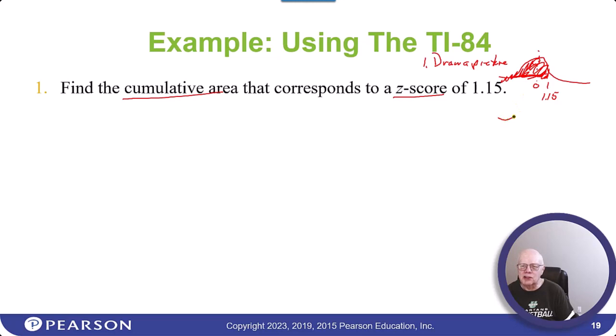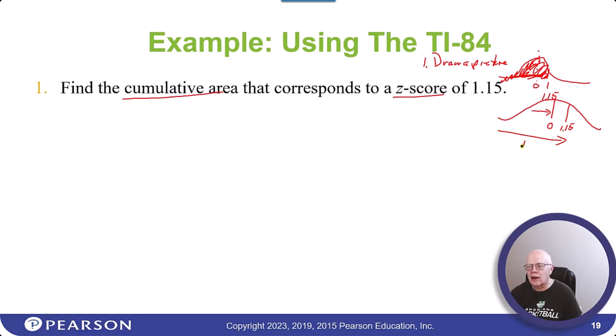I'm going to draw that picture again so we can see more of it. There's our 0 in the center, and we have the 1.15 out here. What would be the area up to 1.15? You can see a lot of space in here if you can see my pointer. Remember, if we get up to here, that's 50% or 0.5 of the area. We're going beyond that. So the cumulative area up to that is going to be more than 0.500.